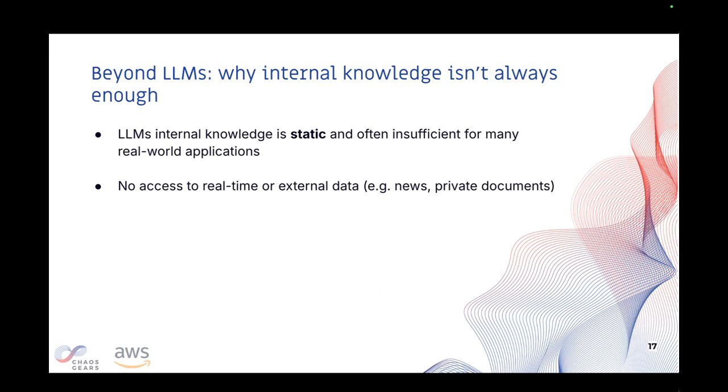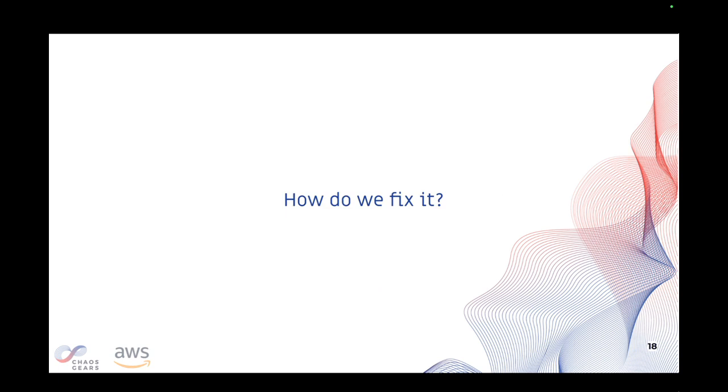So the vendors are unable to download this data and train the model on it, right? And also, if you ask an LLM something that it's not aware of, it can hallucinate, which means that it can make up some references, it can generate misleading information, and you don't want that. You want your solution to be accurate and return real information.